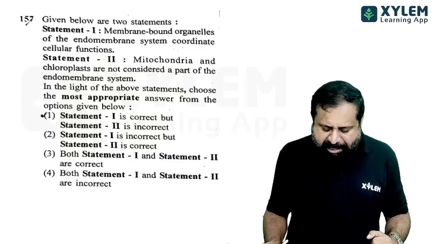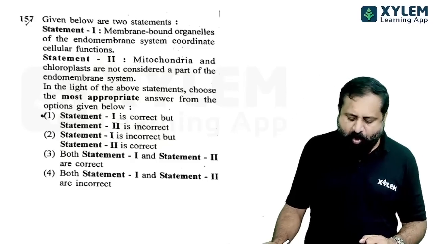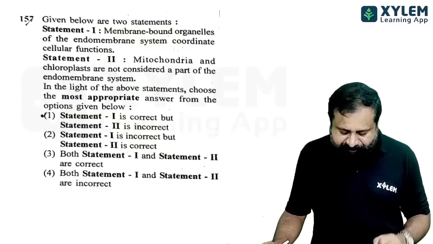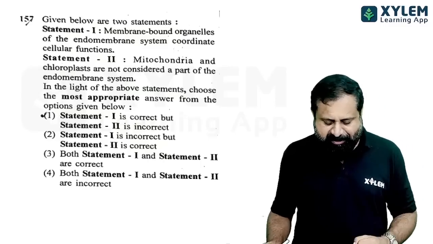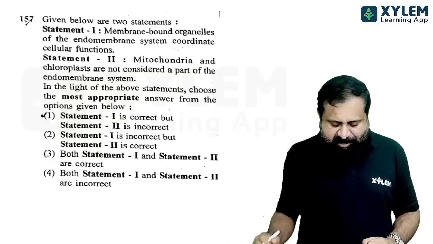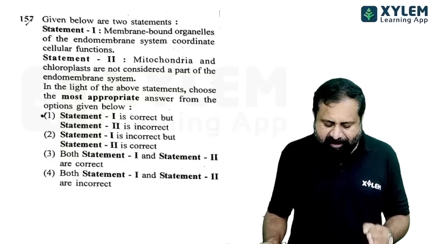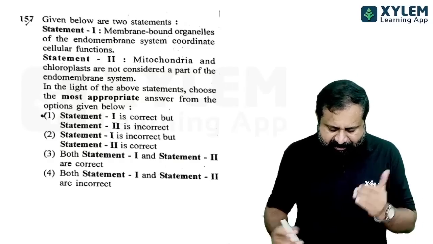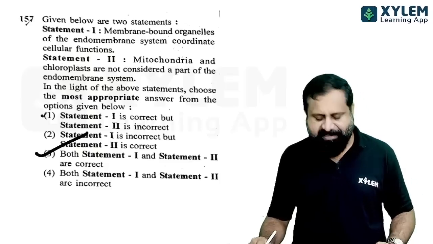Statement 2. Mitochondria and chloroplast are not considered as a part of endomembrane system. Statement 2 is also correct. You can see it in your NCERT. So statement 1 is correct, statement 2 is correct. Both are correct. So option 3 is the right answer.